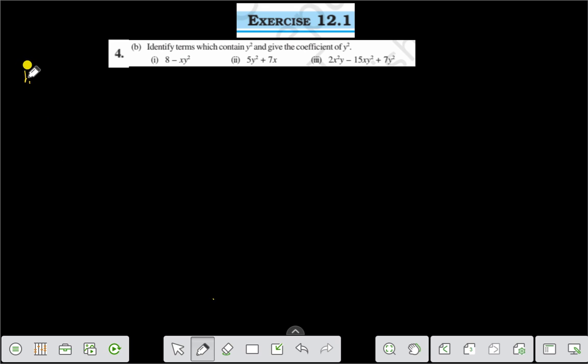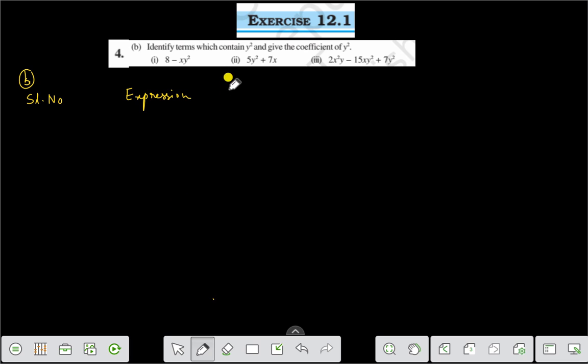First we will write here the serial number. Next we write the expression here. This is the expression. And identify the term which contains y square.